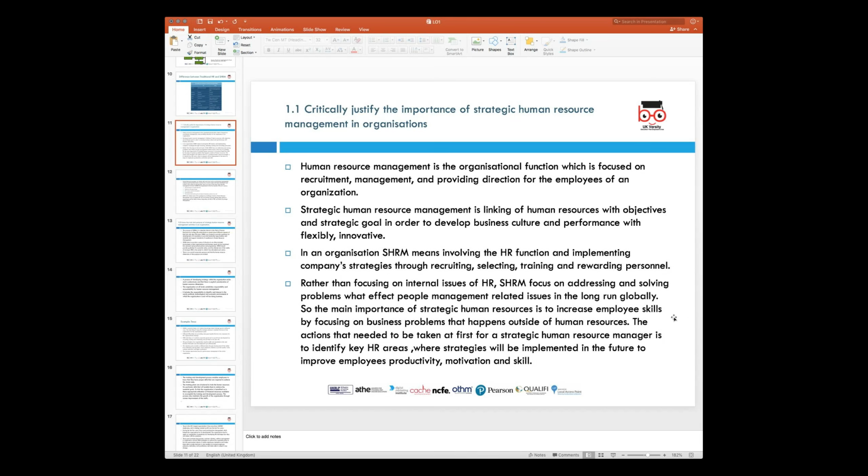So when we look at the importance of SHRM, the idea is to improve and increase employee skills by focusing on business problems that are outside the control of human resources. The actions SHRM takes are related to increasing productivity, efficiency, and driving motivation and loyalty towards the organization.